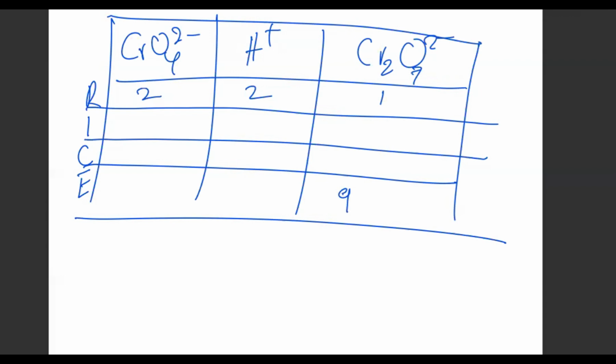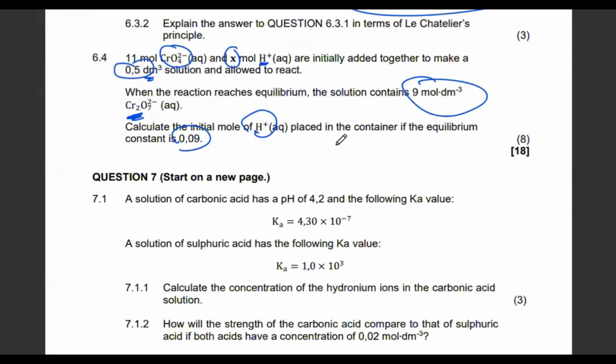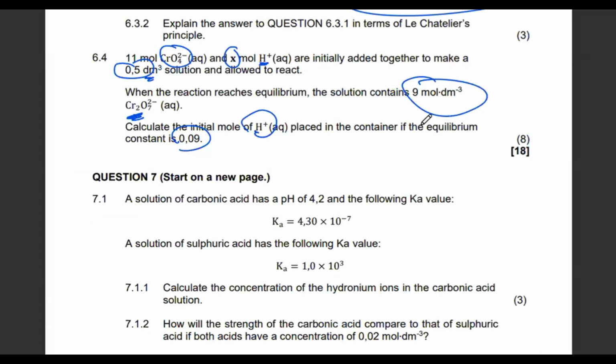Let me check here and then see. Number of moles. Here they say that, yeah, there's something I need to check here and confirm. Oh, these are not number of moles. They are saying this is concentration.